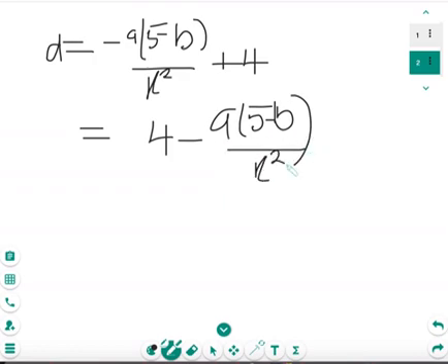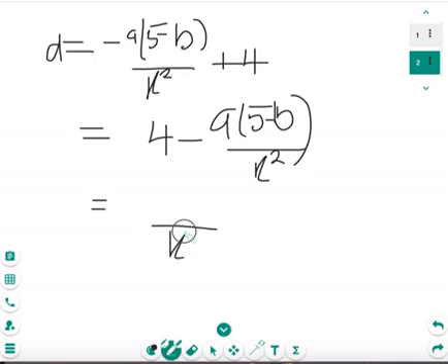Alright? Okay. If you want to put them together, you can still go ahead and simplify this whole thing. What's the common denominator here? It's k squared, yeah?